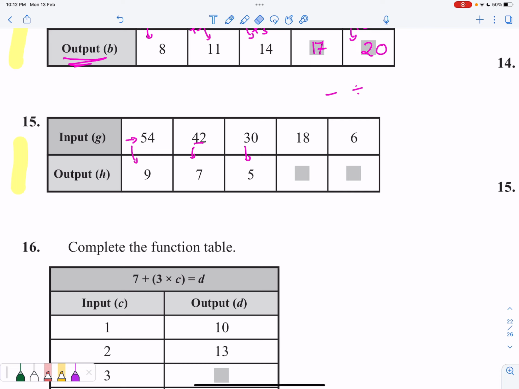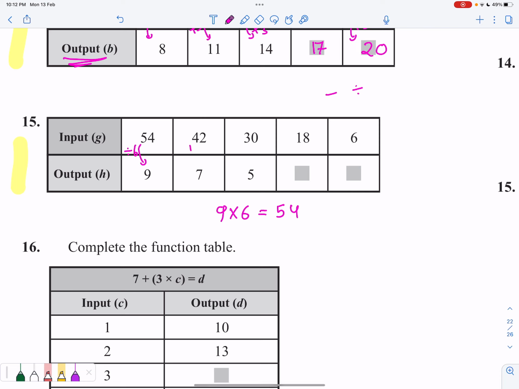What is happening here? I think we're dividing, because if I divide 54 by 6, I will get 9. I know that from the times table, because I know that 9 times 6 equals 54.